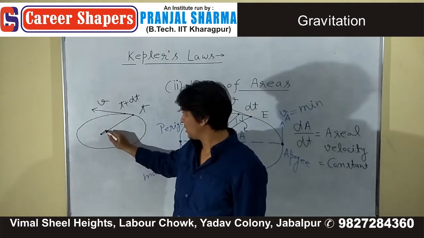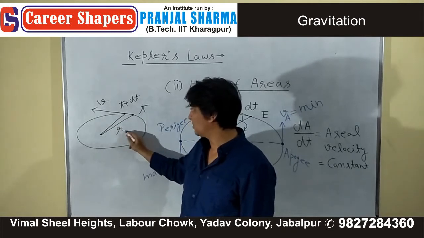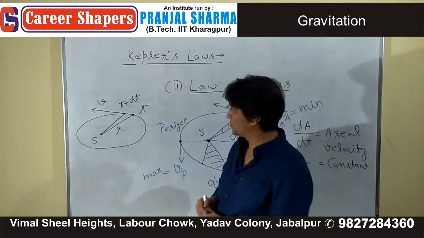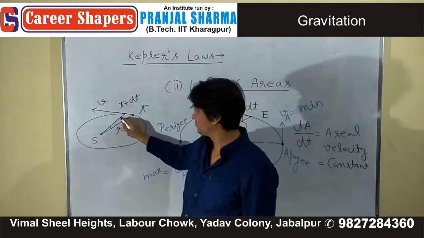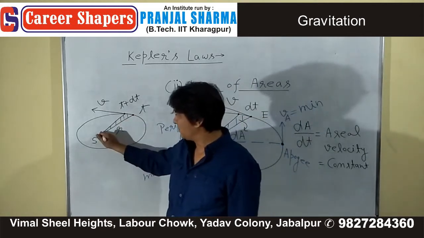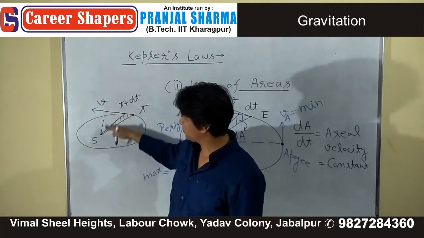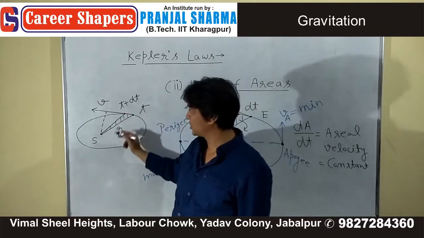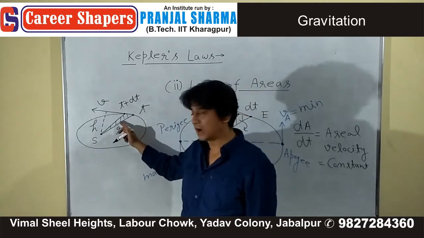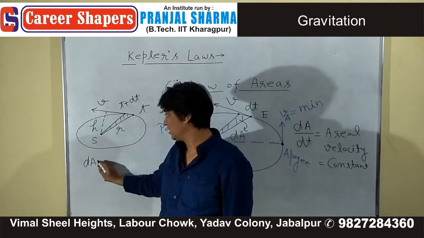When it moves from this point to this point in time dt, let's say the distance of the planet from Sun is r, and the area swept by the radial vector is this. If this is the area, and this perpendicular which you draw on the velocity vector is h, then the area of the triangle dA will be what?